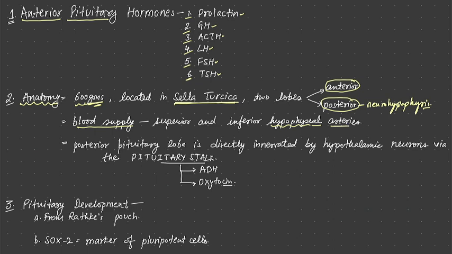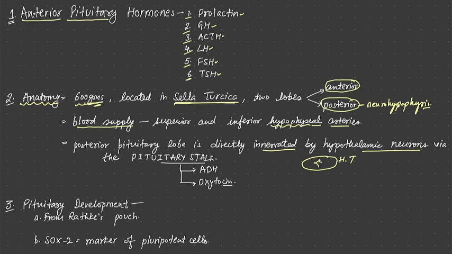The posterior pituitary is directly innervated by the hypothalamic neurons. I mean neurons from the hypothalamus. Their nerve endings lie in the posterior lobe of the pituitary gland. The hormones are produced by these neurons in the hypothalamus, and they are released in the pituitary stalk. Suppose this is the hypothalamus.